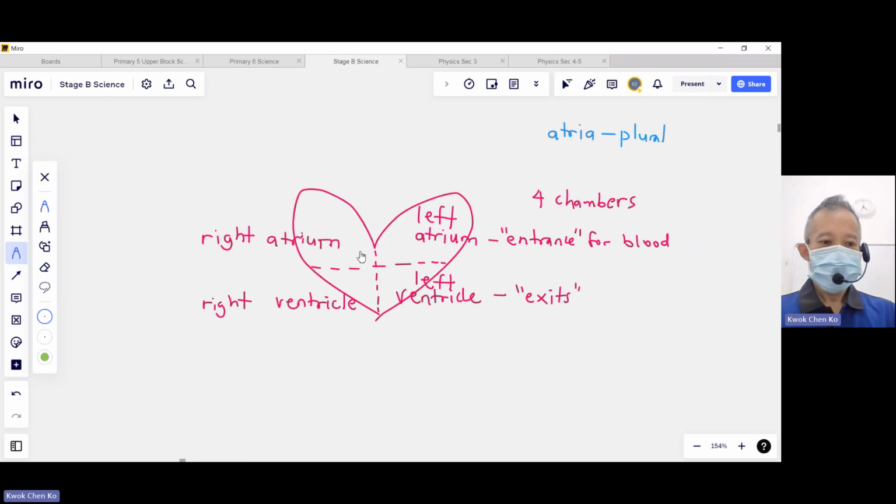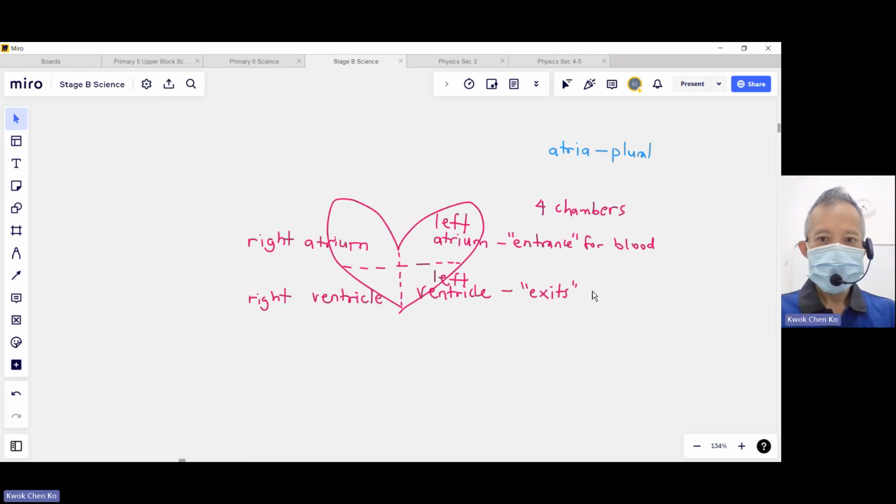Okay, what else? Let me just zoom out a bit.